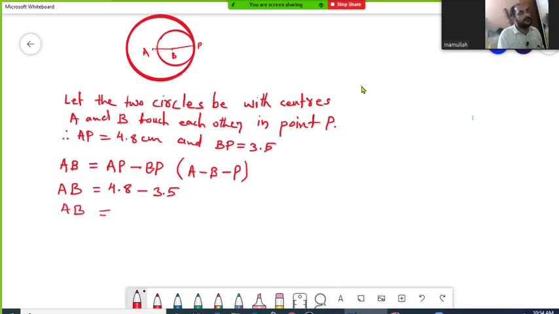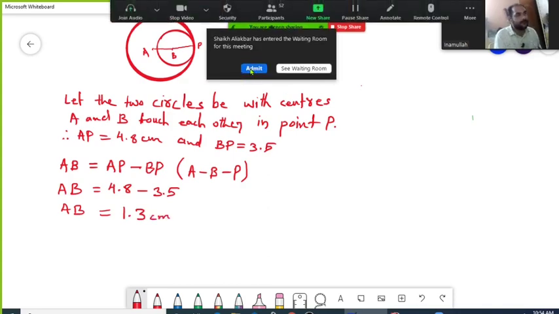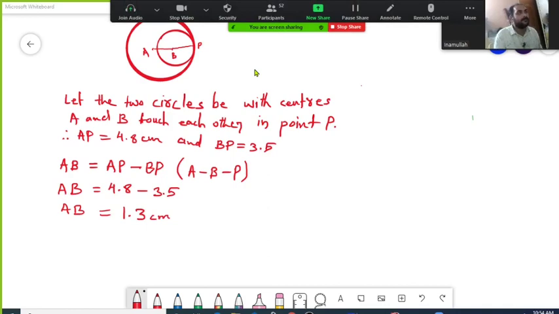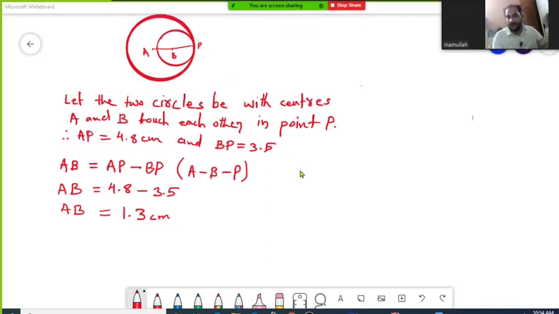So the length of AB will become 1.3 centimeter. So here the distance between the centers of the given circles is 1.3 centimeter.